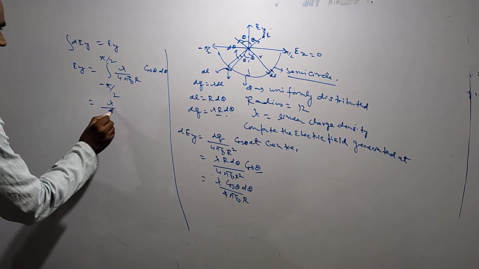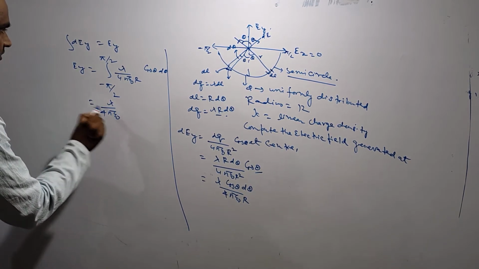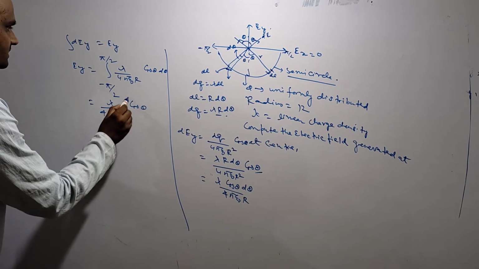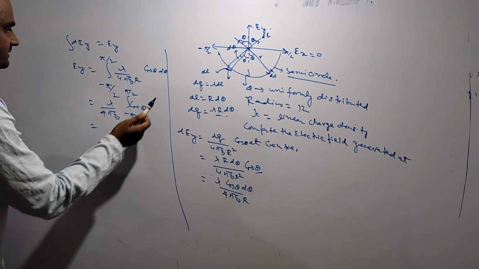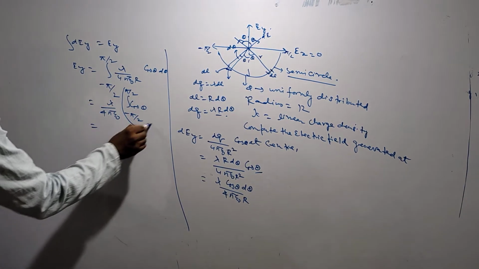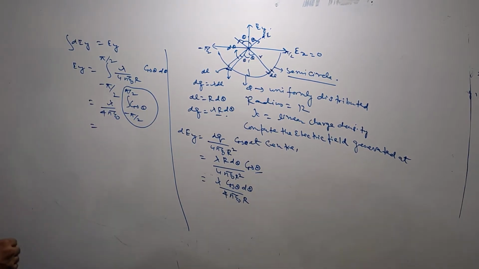So we have lambda by 4 pi epsilon naught, integral of cos theta from minus pi by 2 to pi by 2, and we have computed this value earlier, it is going to be 2 sin theta.